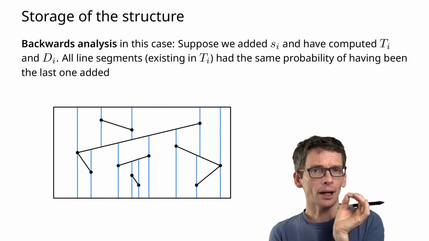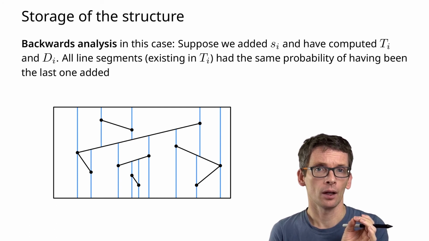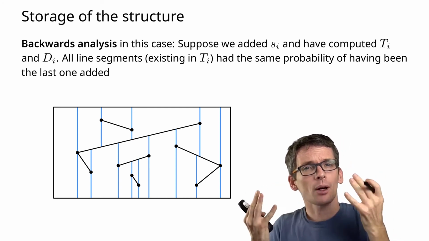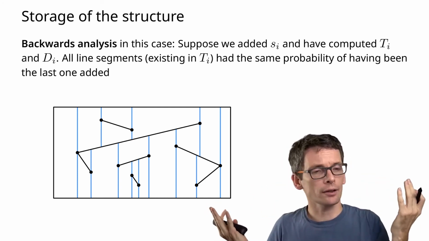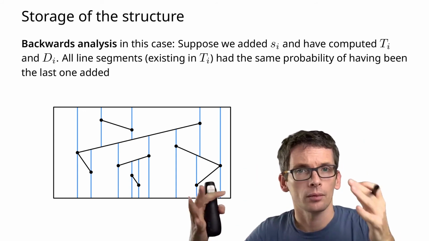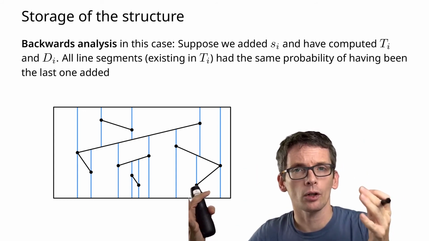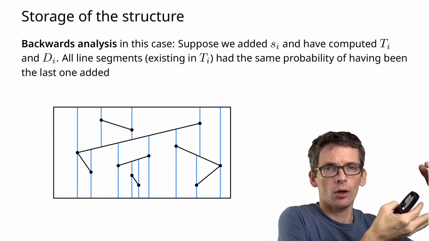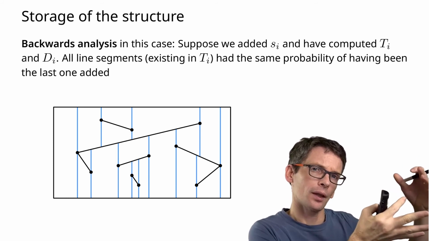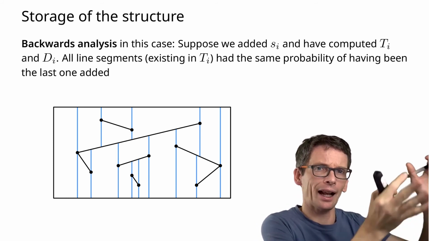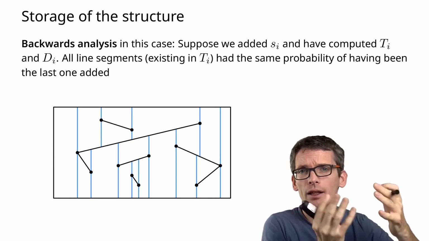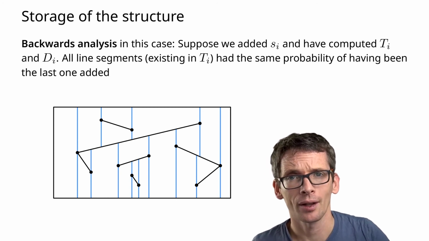So what does backwards analysis mean? First of all, if you think about how you would naturally analyze this, you would be looking at the search structure after i-1 insertions, all possible ith insertions, and you would have to do an analysis about segments that are not actually in the vertical decomposition yet.